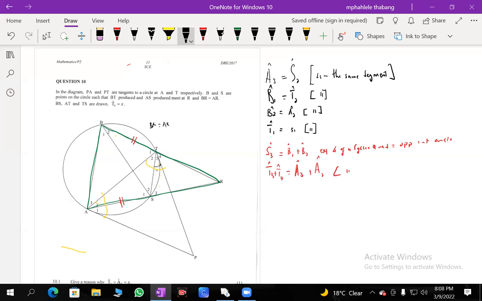Now we have to ask ourselves which angle is opposite to those sides. Let's start with side BR. Which angle is opposite to side BR?